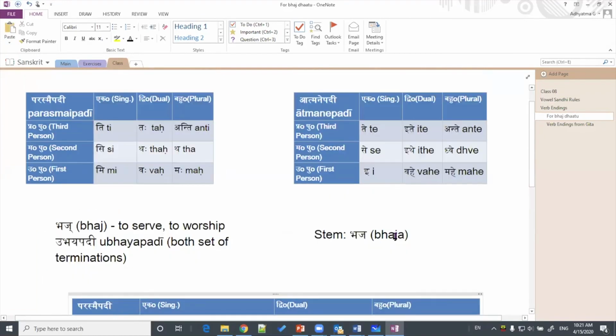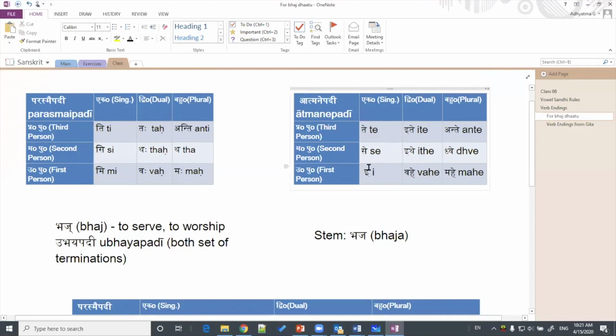So do these endings which we studied, ti, taha, anti, te, ante, only apply when the stem is akaranta? These endings, parasmaipadi and atmanepadi, apply for all stems, whether akaranta or not, but sometimes there are exceptions, so you will see some change in forms.